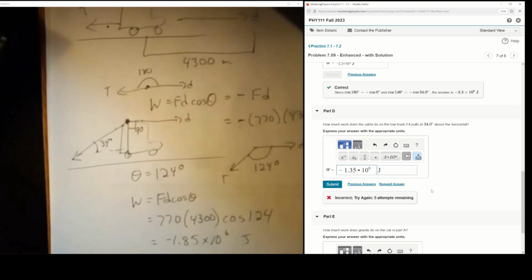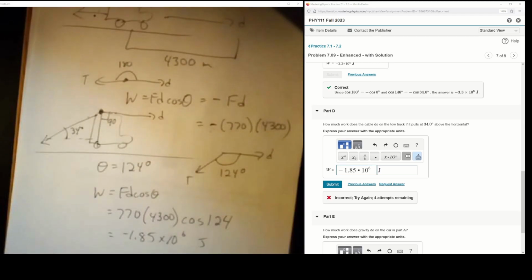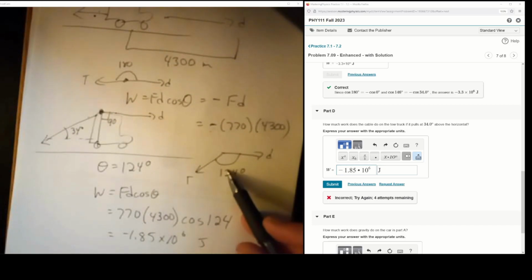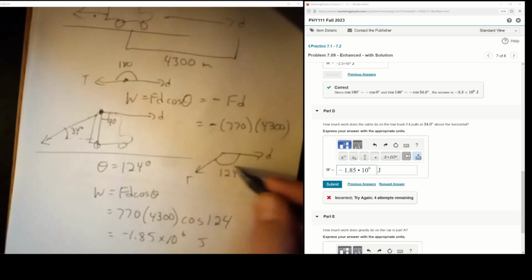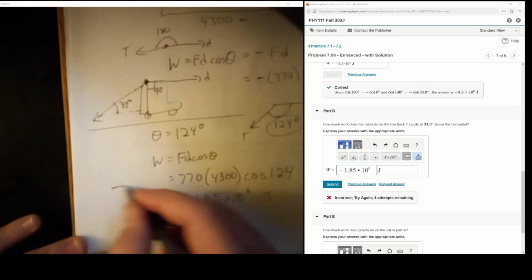Oh, I'm sorry, that's an 8 right there. All right, I see what I did here. Let me just draw this a little bit better. This is the mess up right here. So let me just draw this picture again.